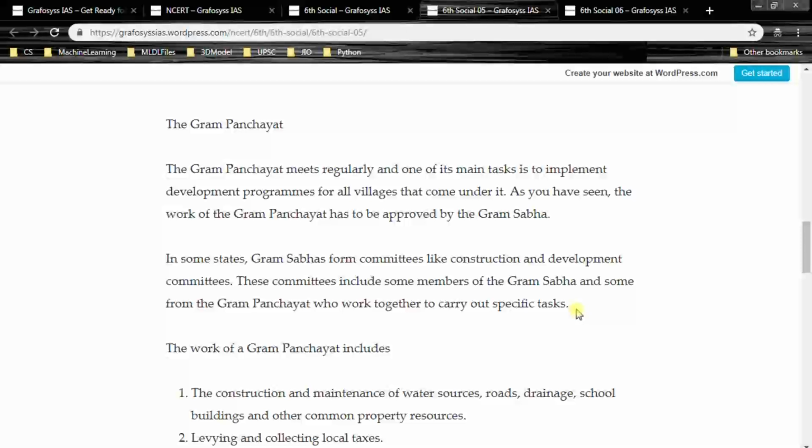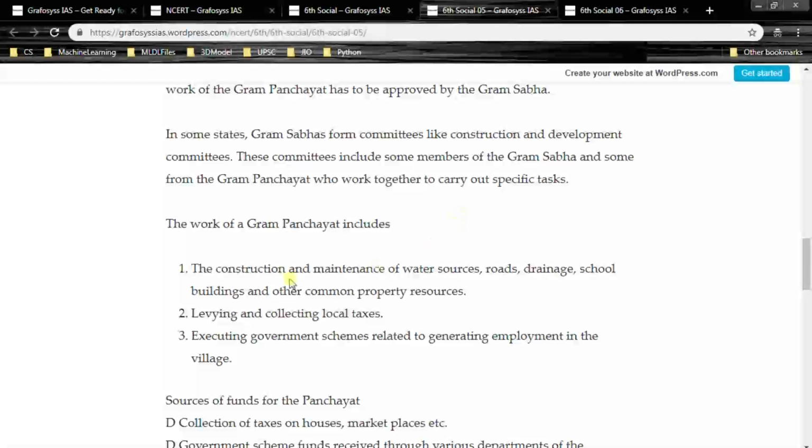So Gram Sabhas form committees for construction, development and all. There will be different committees, and these committees include members of the Gram Sabha and also from the Gram Panchayat to carry out all the tasks.